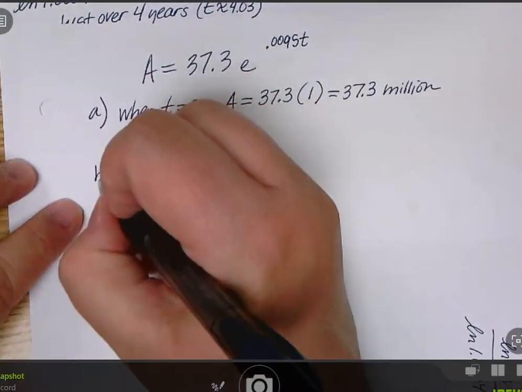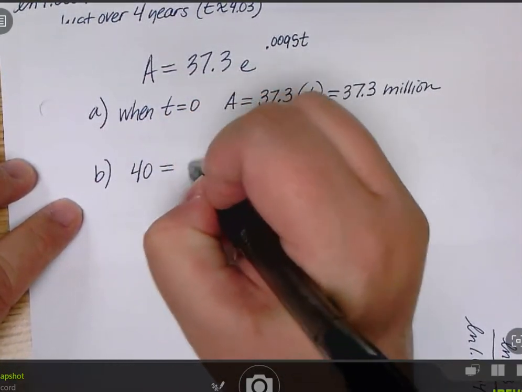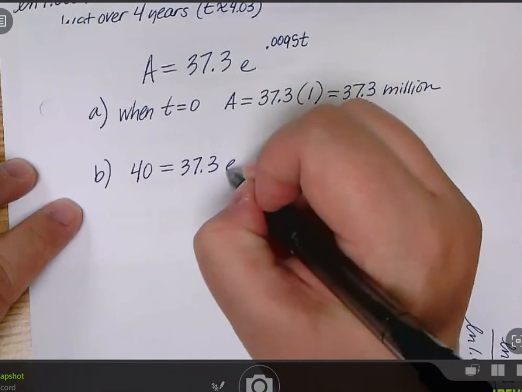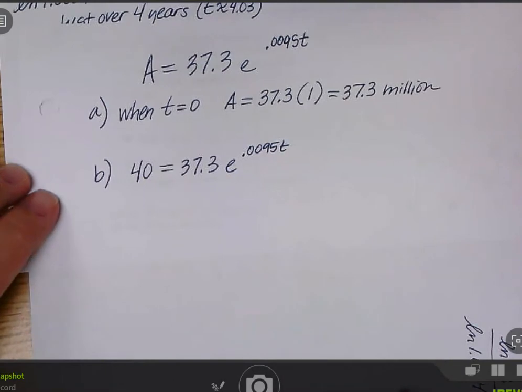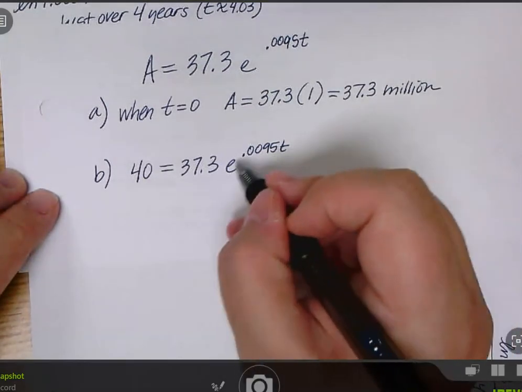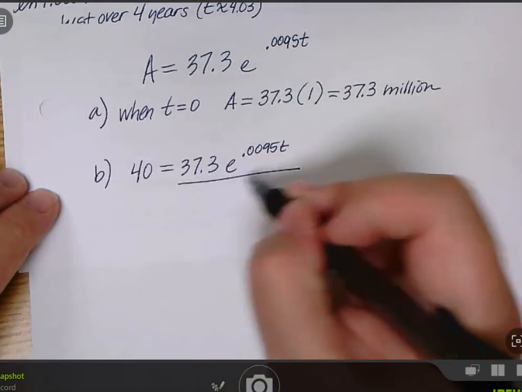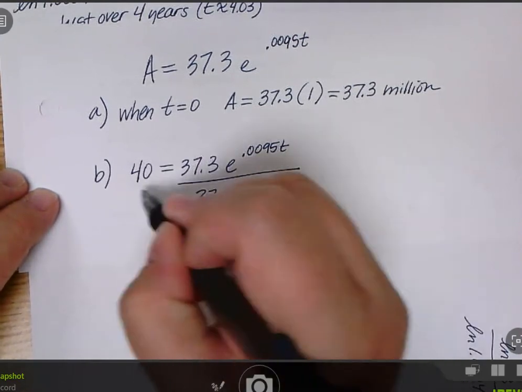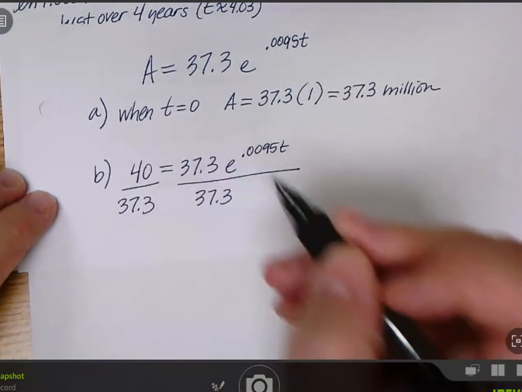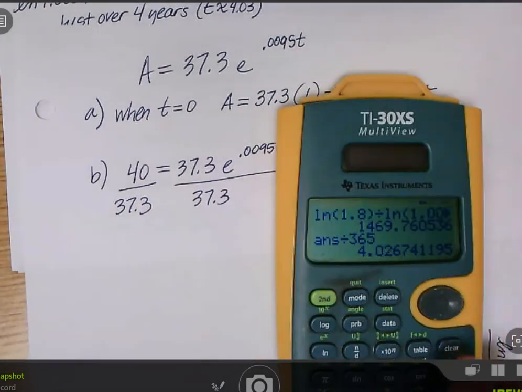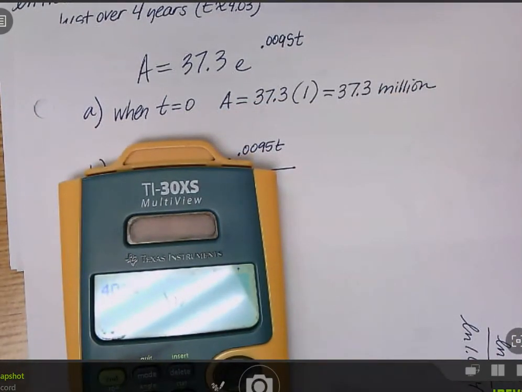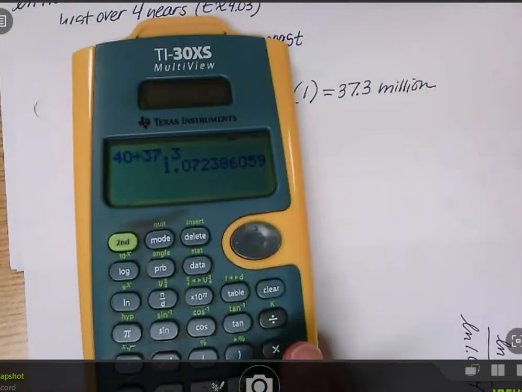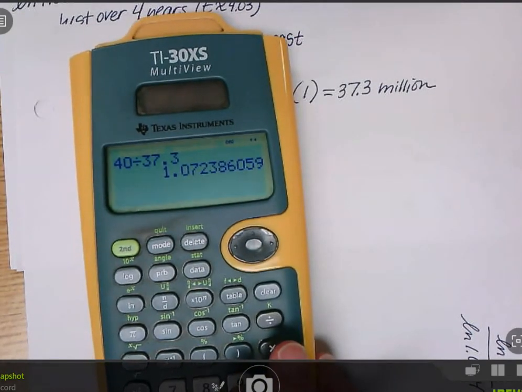Okay, so we've got 40 equals 37.3 e to the 0.0095t. First thing I'm going to do is get the exponential part alone on one side. I'm going to go ahead and divide, to make it a little bit easier to work with. 40 divided by 37.3 is 1.072.